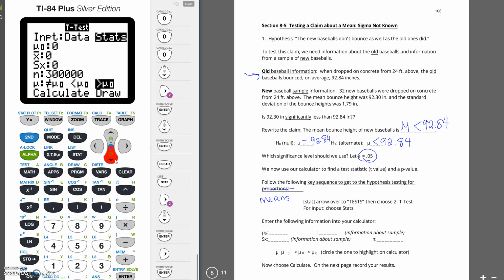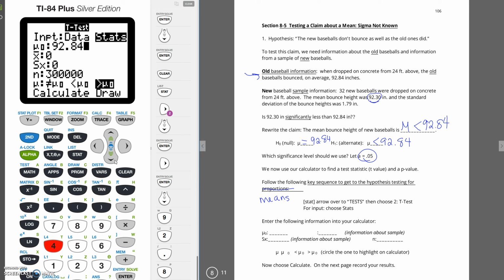The mu 0 we're going to put in is what came from our null and alternate hypothesis statement, so that's going to be 92.84.